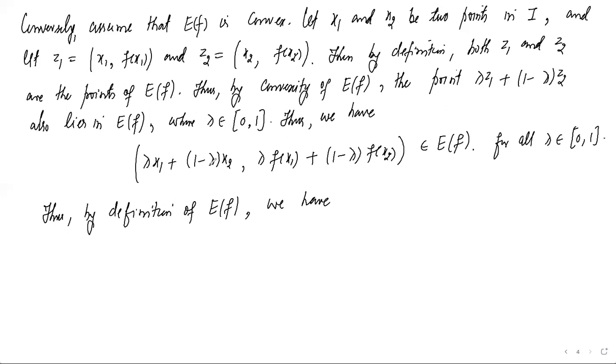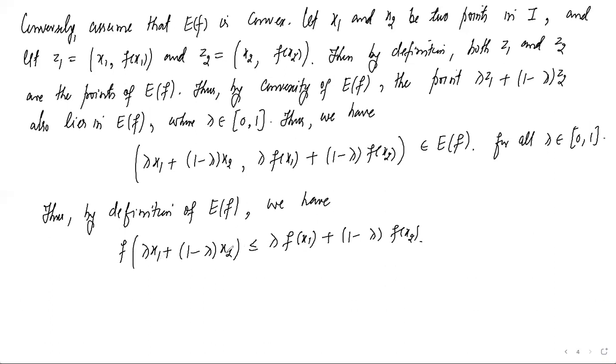now image of this point will be less or equal to this point. We have f of lambda x1 plus 1 minus lambda x2 is less than or equal to lambda times f of x1 plus 1 minus lambda times f of x2. So this completes the proof.